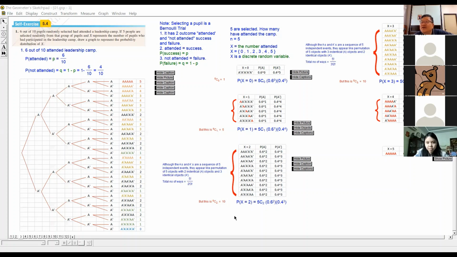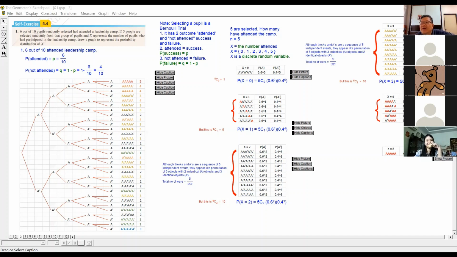This one is X equal to 4 already. X equal to 4 is 5 choose 4, not 5 choose 3. So type again, 5 choose 4.